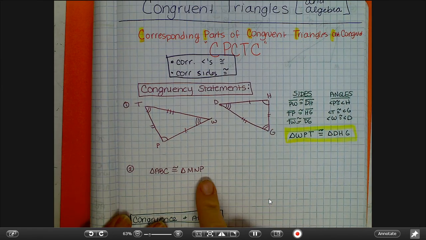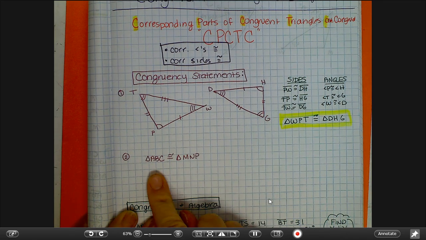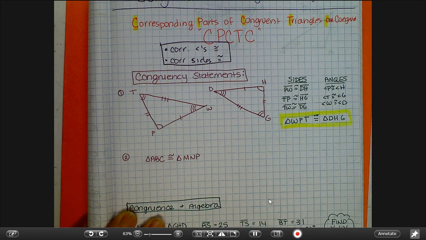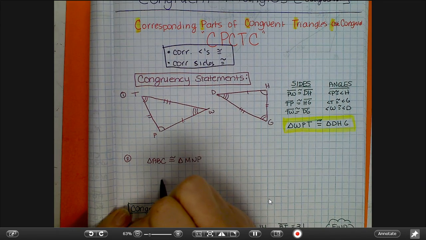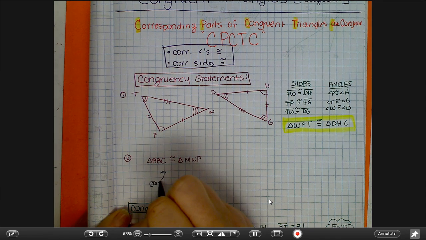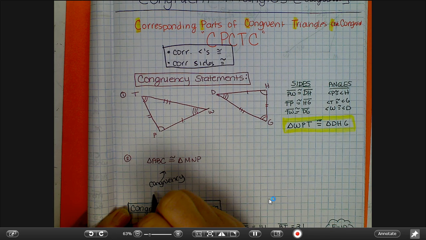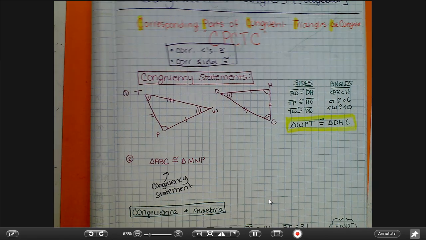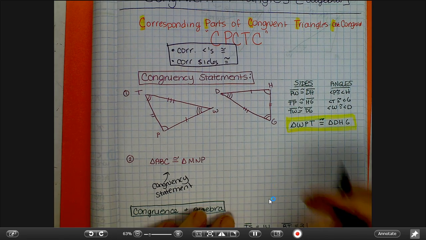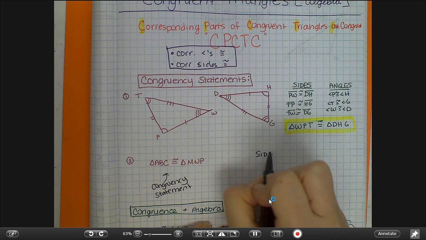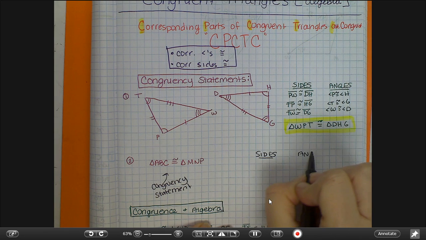Now here, there is no picture, but because we have the congruency statement, we can tell which parts are congruent. So again, let's do sides and angles.